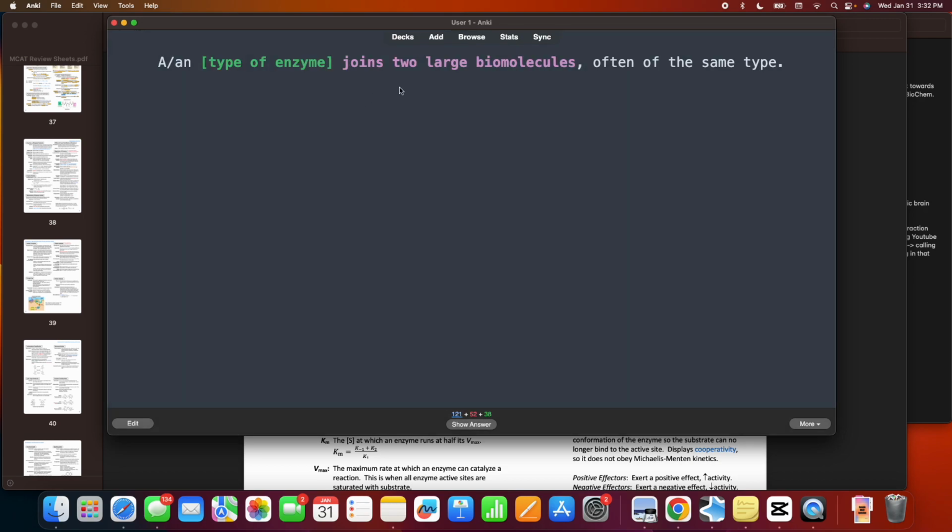What type of enzyme joins two large biomolecules, often of the same type? So, the type of enzyme joining two large biomolecules.